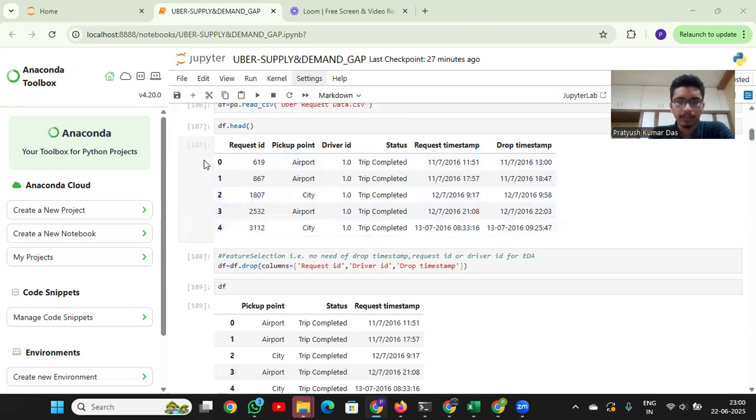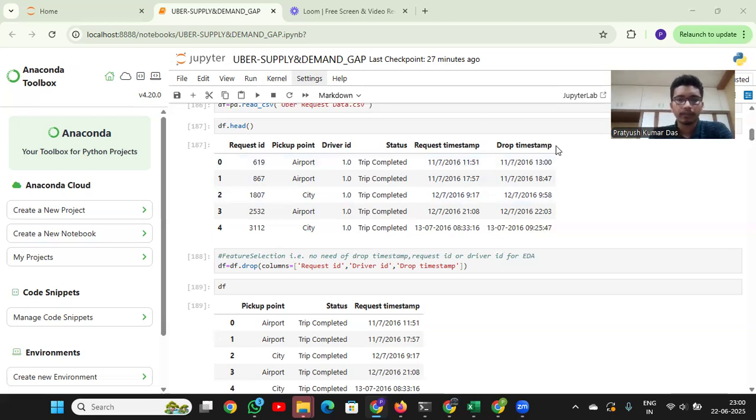For example, we have a user with the request ID of 619 whose pickup point was the airport, not the city, and the status shows that the trip has been successfully completed, and these two represent the request timestamp and the drop timestamp.